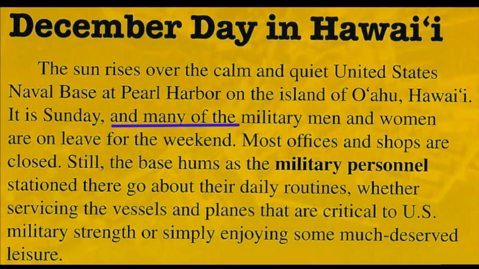It is Sunday, and many of the military men and women are on leave for the weekend. Most offices and shops are closed. Still, the base hums as the military personnel stationed there go about their daily routines, whether servicing the vessels and planes that are critical to U.S. military strength, or simply enjoying some much well-deserved leisure.